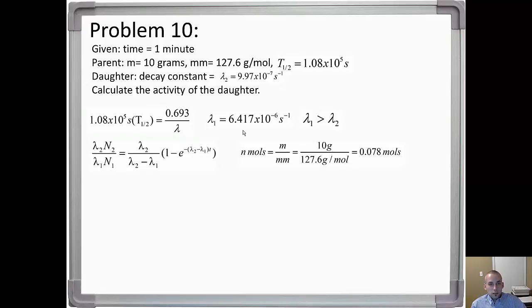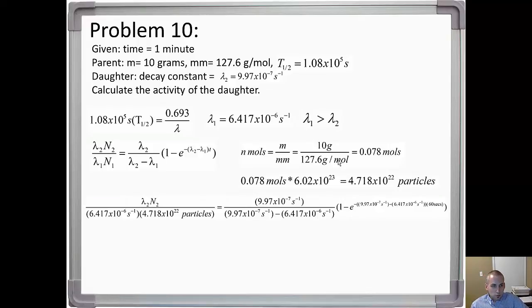Now we need to calculate the number of particles of the parent. Moles is equal to m over mm, which is mass over molar mass. So we sub in the values, and we get our moles. Now we'll multiply it by Avogadro's number, and we have our number of particles now.